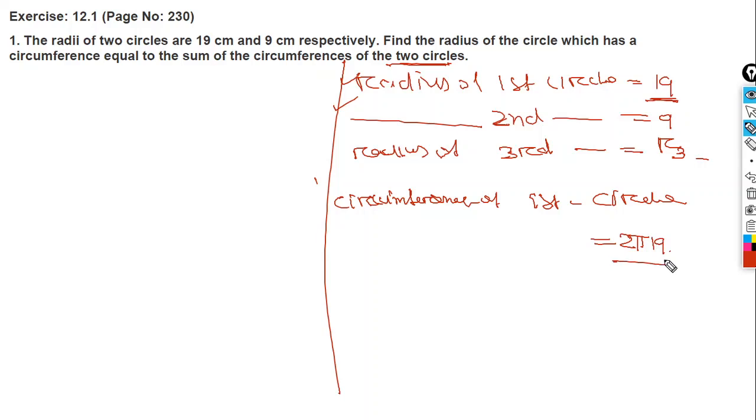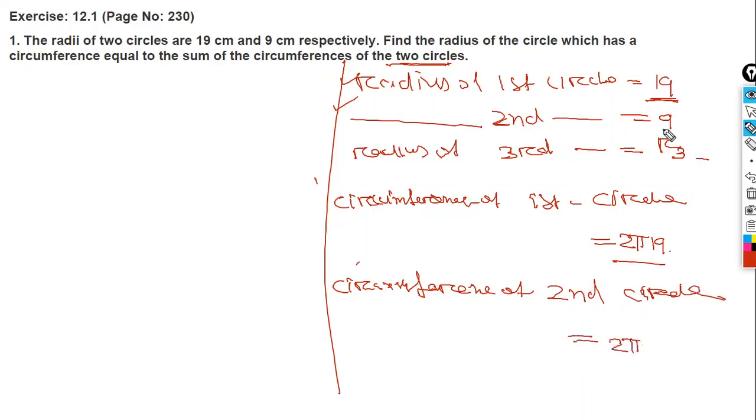Leave it as it is. Circumference of second circle is equal to 2 pi into 9. Now circumference of the third circle will be equal to the sum of the circumferences of these two circles.